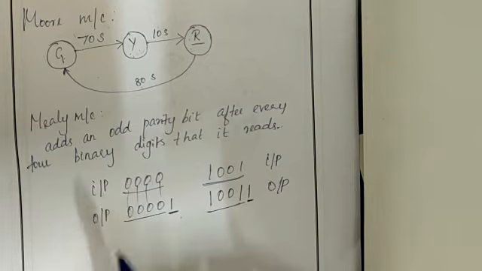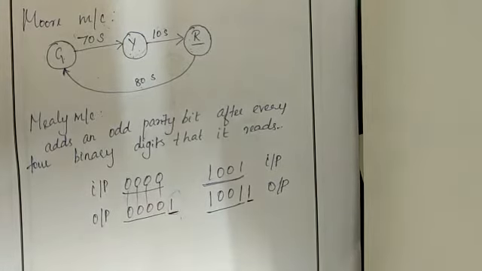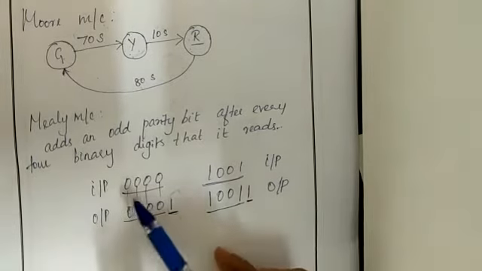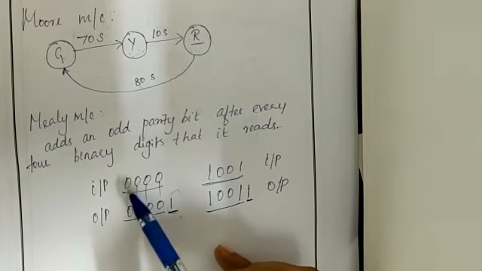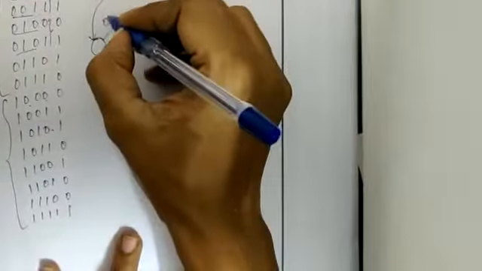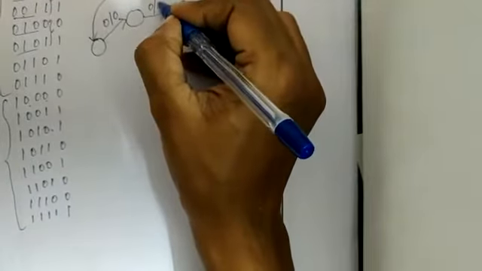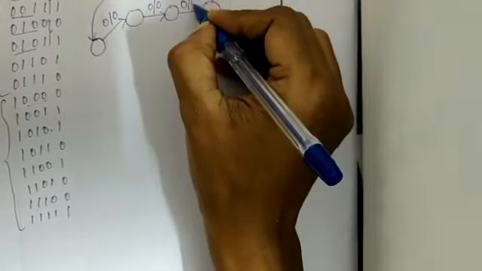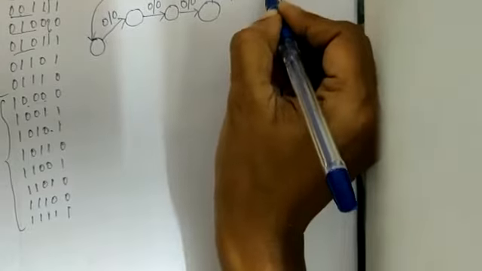The first 4 bits are the same as my input and the 5th bit is my parity generator bit. Whatever bits I have in my input, the same bits I need in my output also. So if 0 is my input, output should also be 0. 1 input, output is 1.